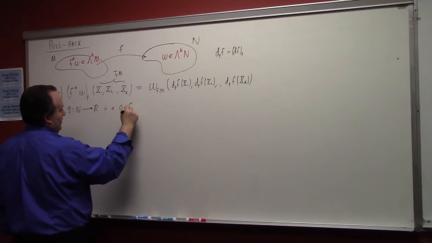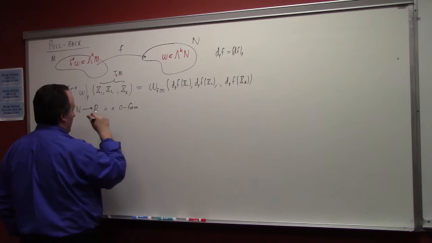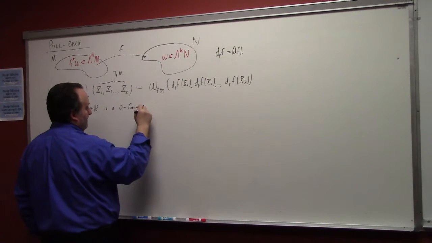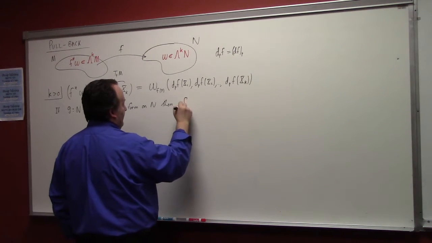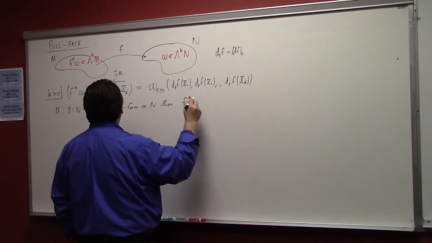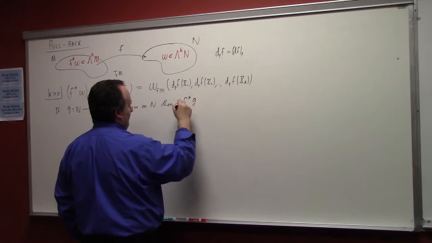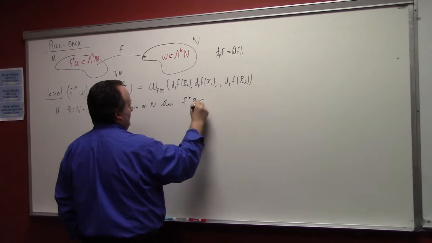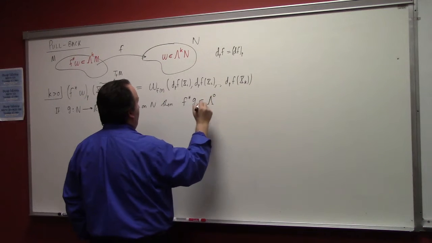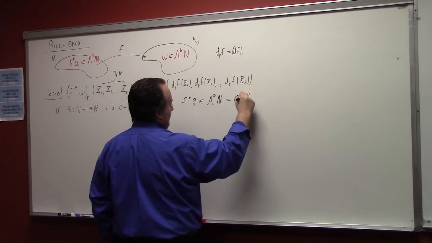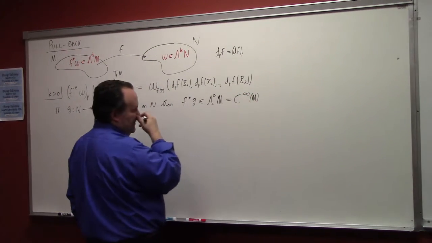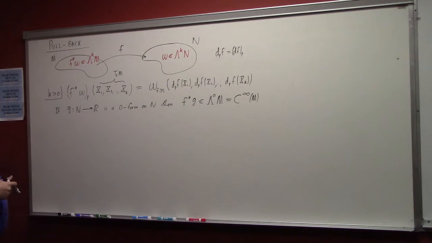So a zero form, remember, is just a function on N. Then the pullback under F of g is actually a zero form on M. And that, of course, is the smooth functions on M. All right, zero forms are just smooth functions. And what do you think the definition of the pullback of a function would be?